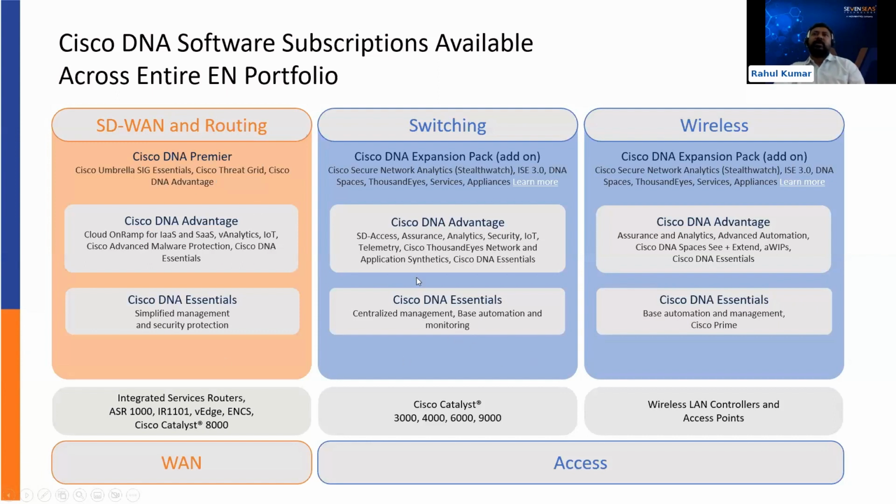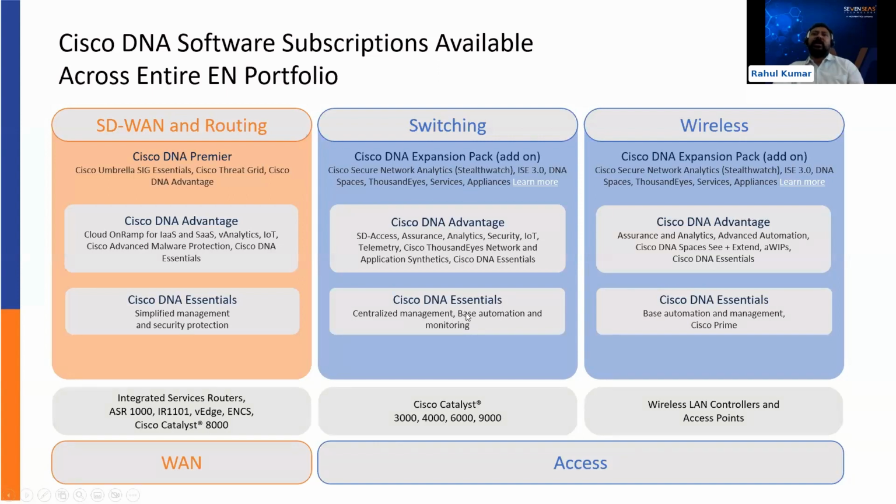Then we'll discuss the switching and wireless part. Moreover, they are the same licenses, but in terms of features, they have differentiation on the types of deployment, right? Switching has its own features to be taken care of, and wireless has its own features to be taken care of.